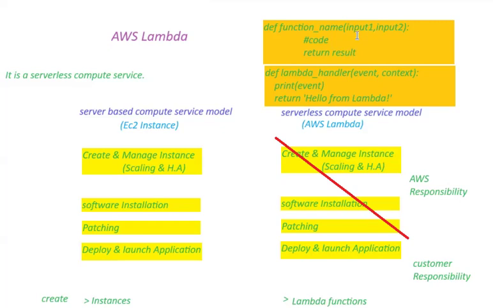Based on how much memory you provide, that much CPU power will be allocated. To run this function, does it require CPU power? Of course. Based on the memory you allocate, that much CPU power is provided.